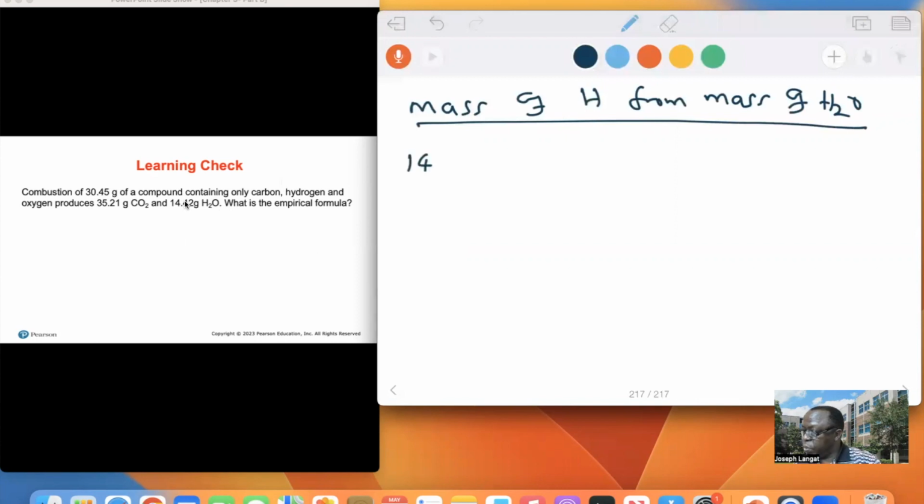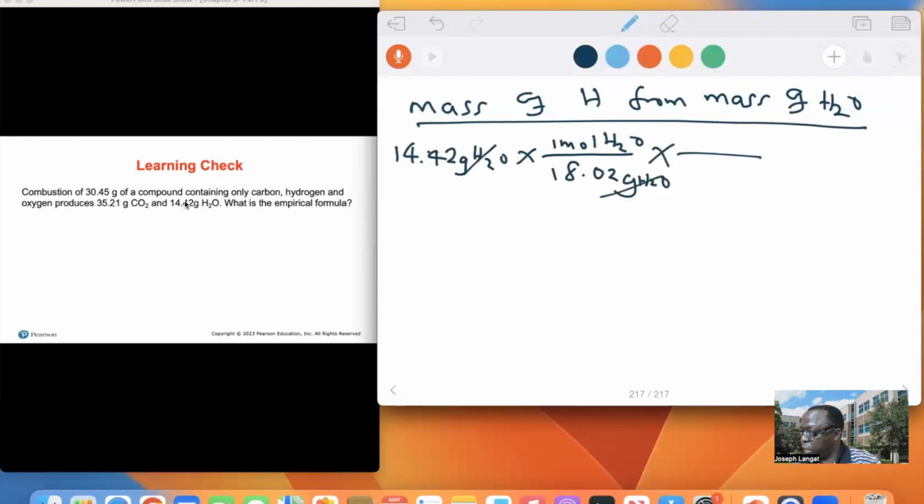So this is how you set up. Let me just put some space here. 14.42 grams of H2O. Using the molar mass as a conversion factor, 1 mole of H2O weighs 18.02 grams. So grams of H2O times this and that will cancel.